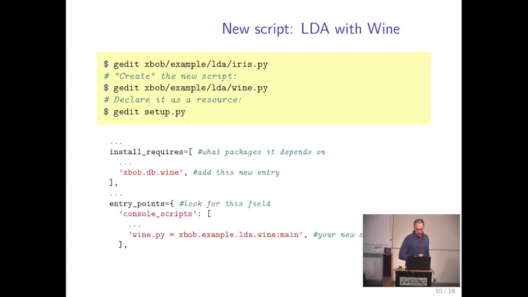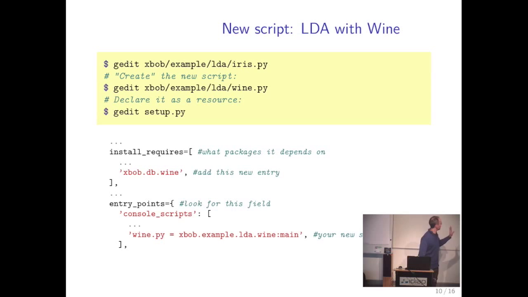So let's do that. Okay, so what we're going to do is the following. We already have the example that runs the LDA, the official LDA algorithm on the Iris database. So what we'd like to do here is to take this other database, which is a wine tasting database, which is another toy example, okay, and to run the LDA algorithm on the same wine database.